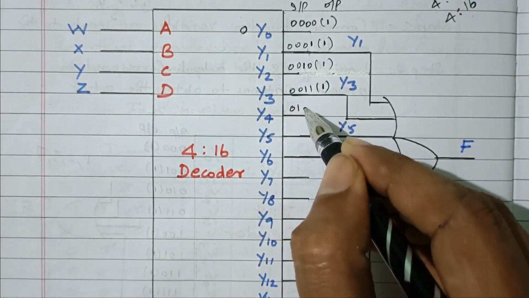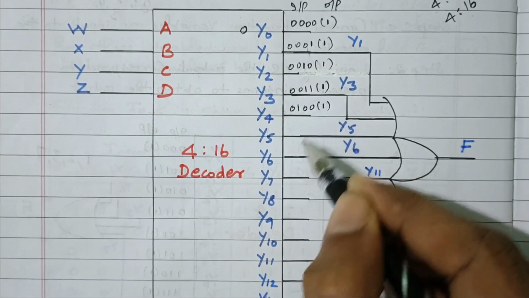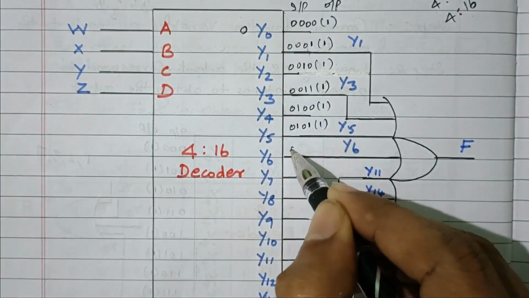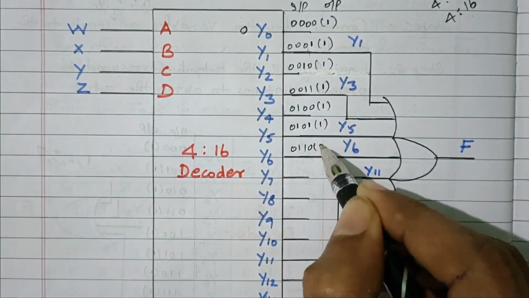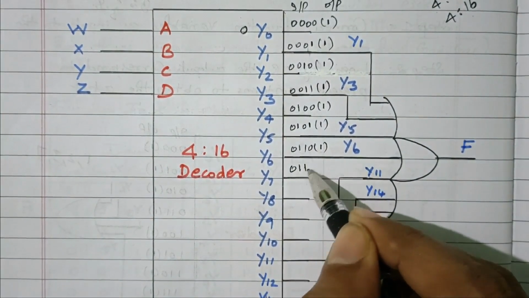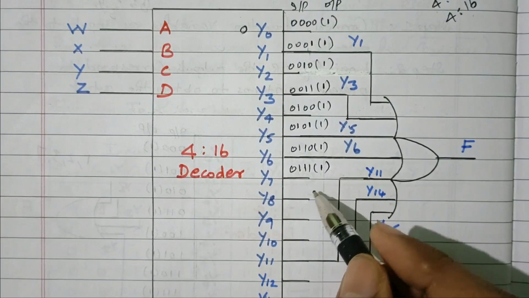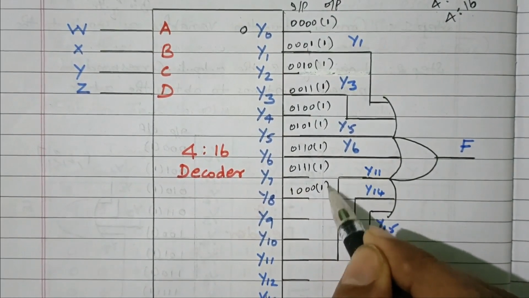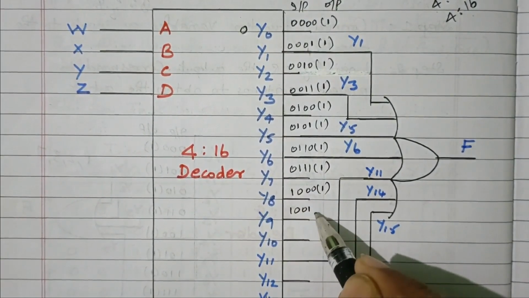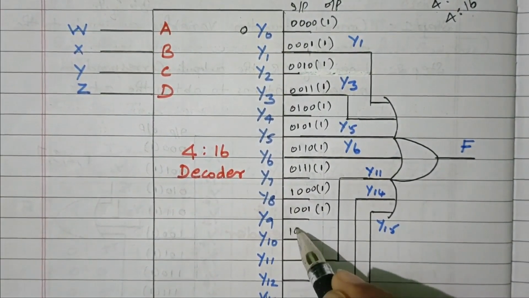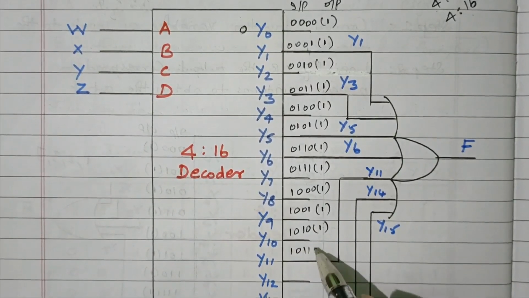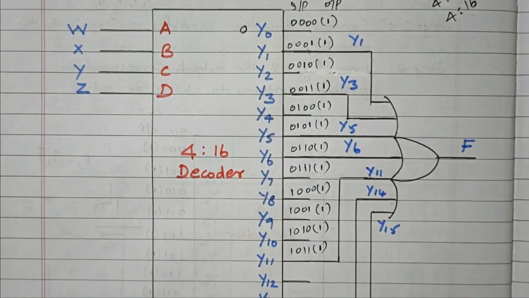Then 0, 0, 1, 0, then 0, 0, 1, 1, then 0, 1, 0, 0, 0, 1, 0, 1, 0, 1, 1, 0, 0, 1, 1, 1, and then 1, 0, 0, 0, 1, 0, 0, 1, 1, 0, 1, 0, 1, 0, 1, 1, each gives 1 as its own output.